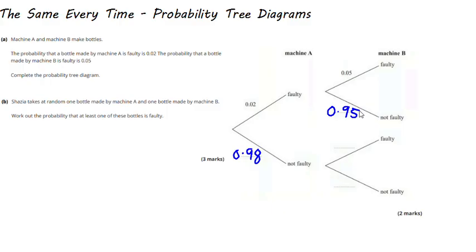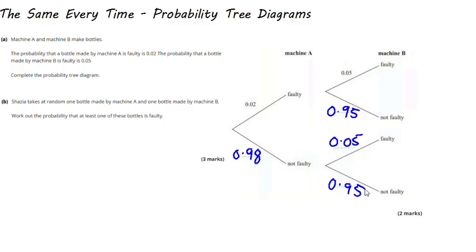So probability of faulty for machine B is just going to be 0.05 again, and not faulty, 0.95 again. So in this case, it's a reasonably straightforward example. Sometimes the probabilities change because of what happens in the first set of branches, but in this case, that doesn't happen.